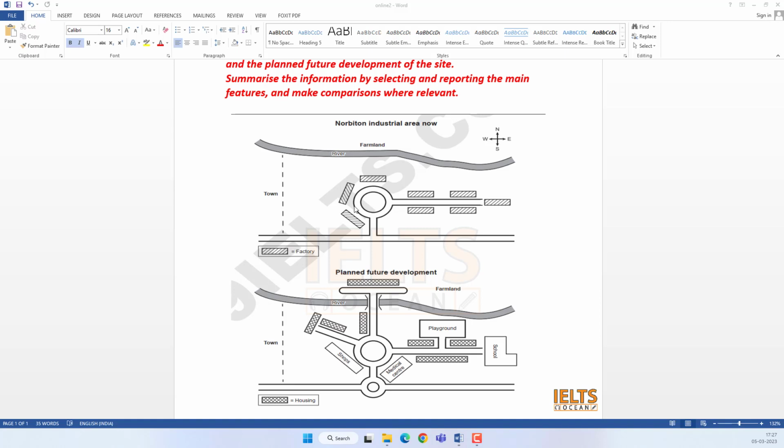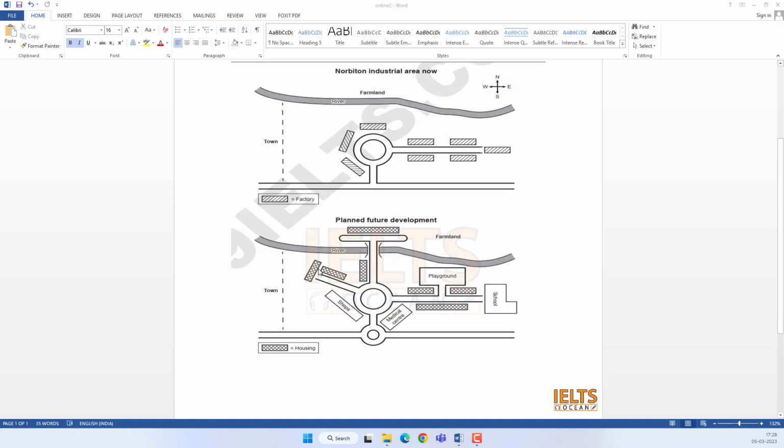In the middle there is a roundabout, and these blocks are factories. But after the development, these factories are going to be converted into housing. So this is the major change that is going to happen in this town.